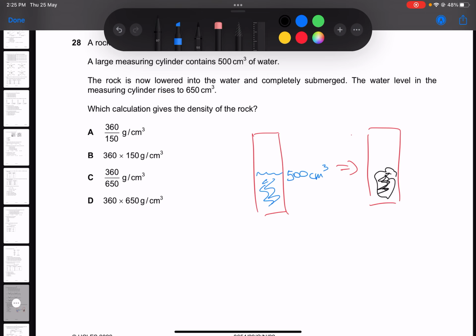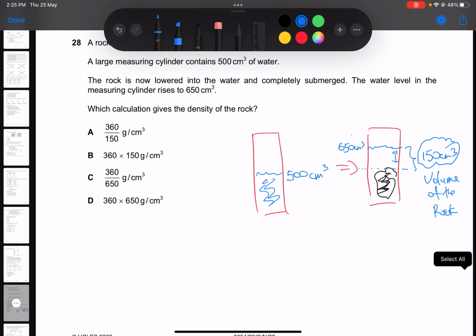The water level increased to somewhere here. So it was 500 and it became 650, centimeter cube. What is this increase? It's 150. This is going to be the volume of the rock, guys.